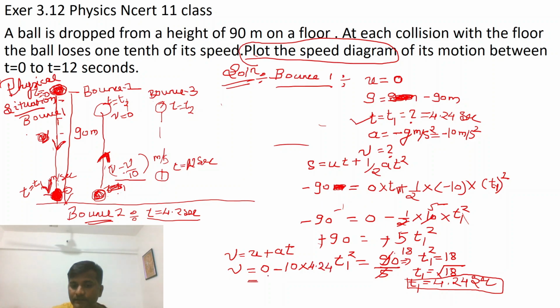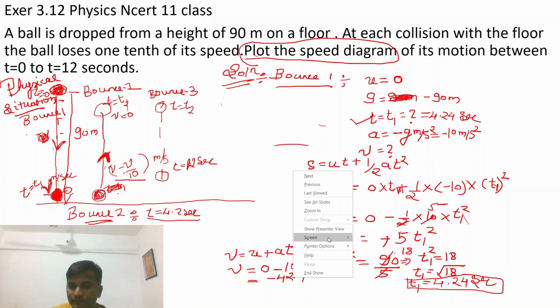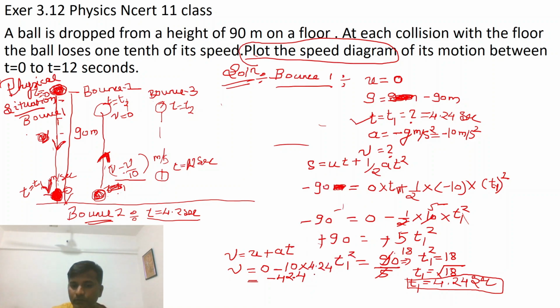So the answer will be minus 10 into 4.24, which is 42.4 meter per second. So this is the velocity, 42.4 meter per second.